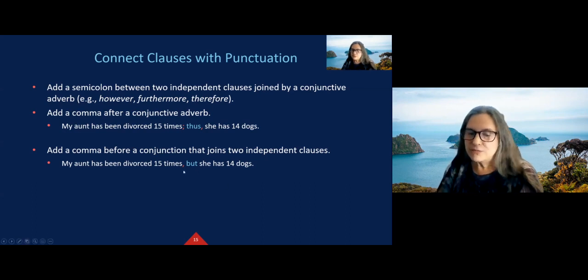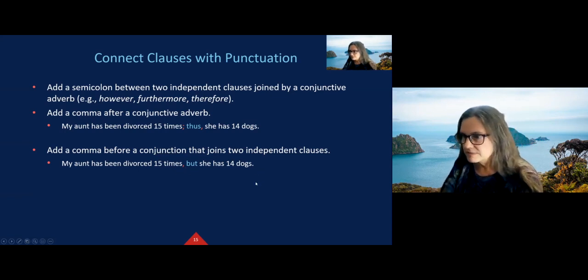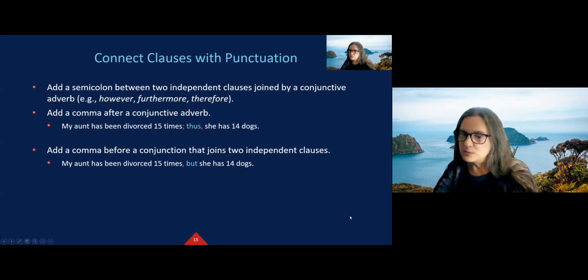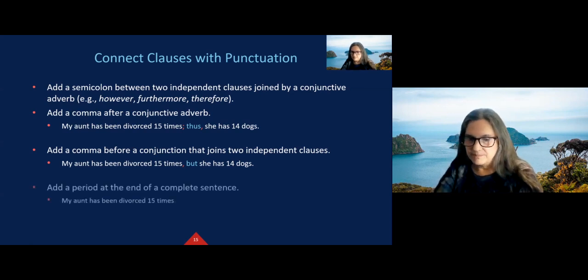You use it for different purposes, one of which is if the conjunction is being used to join two independent clauses. My aunt has been divorced 15 times, comma, but she has 14 dogs. So the meaning changes a little bit too. The type of connecting device can alter the meaning either a little bit or dramatically.